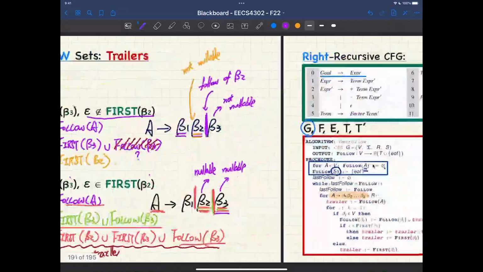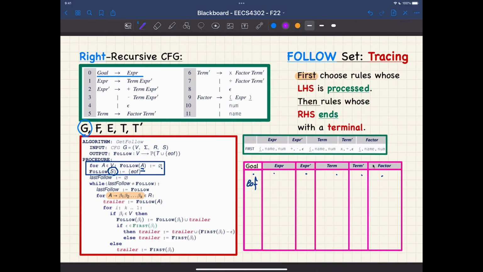Let's now go back here. The first rule, we are considering Go produces expression. So potentially we can only update the follow entry for expression. What should we do with this given our warm-up exercise? We are lucky for this case because, number one, there's only one component to consider.